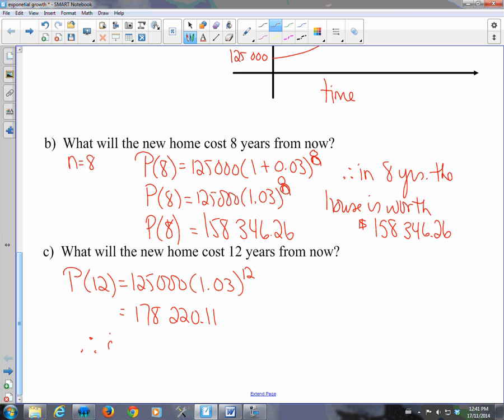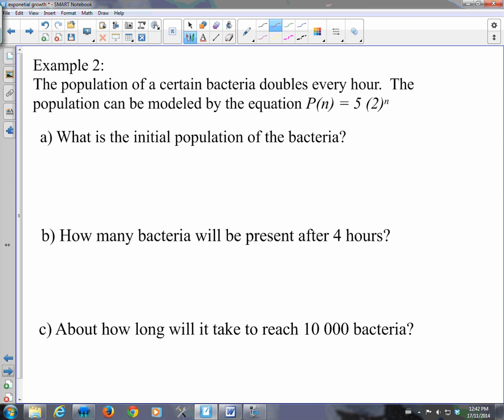Therefore, in 12 years, the house is worth $178,220.11. Perfect. Easy peasy.